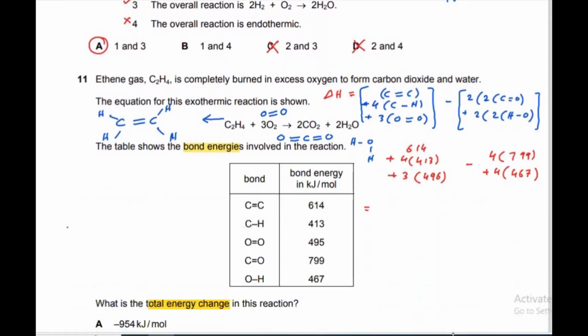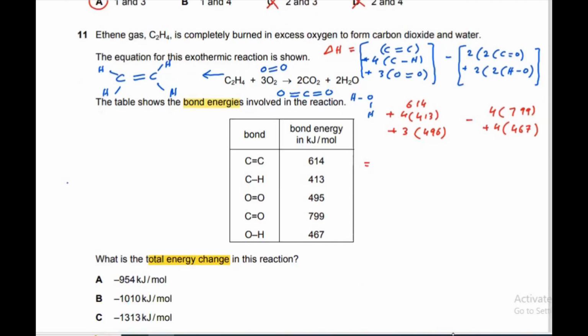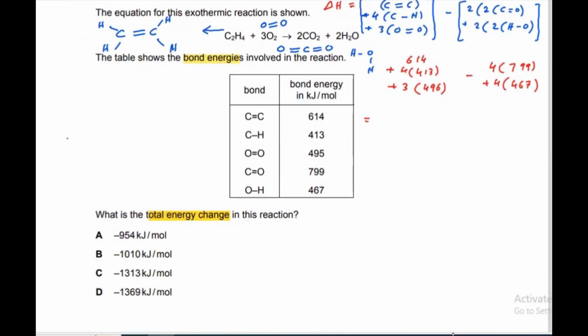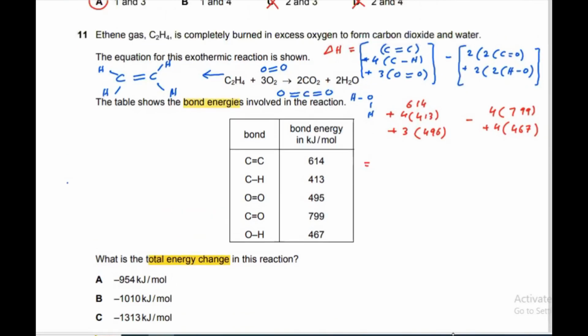This is regarding the enthalpy changes. So this reaction is between C2H4 and oxygen to make carbon dioxide and water. So if you want to get the enthalpy change of this reaction, you should draw the structures of reactants and the products. So these are the covalent structures. C2H4 is ethene. This is the covalent structure of ethene.